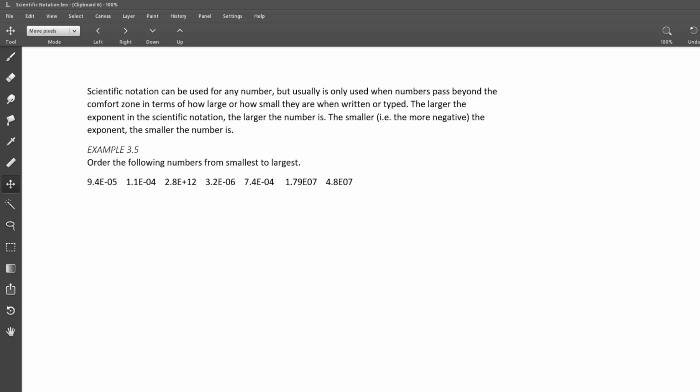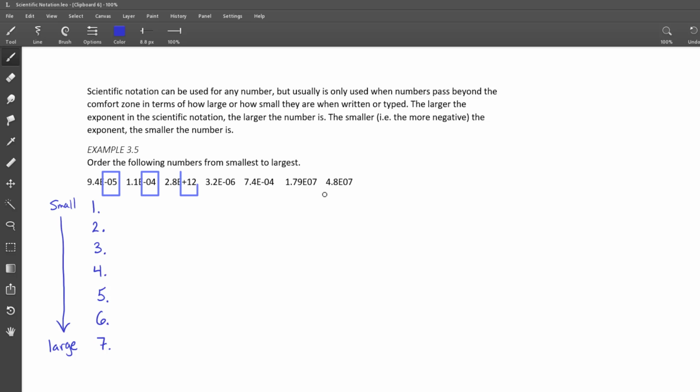In example 3.5, we're asked to order the following numbers from smallest to largest. Now there are 7 numbers here, so I'm going to make a list numbered 1 through 7 to go from smallest to largest. So the first thing to do when everything is in scientific notation is to take a look at the exponents, and we're going to order these numbers by their exponents.